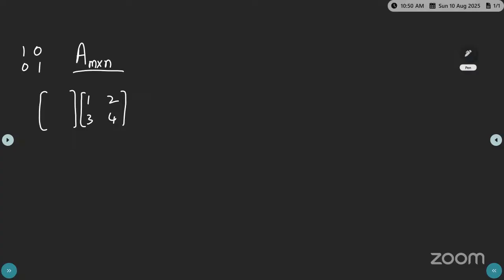I'm going to do R12. If you do R12 here, you get 0, 1, 1, 0. This is an elementary matrix. By doing pre-multiplication, what are you going to get?